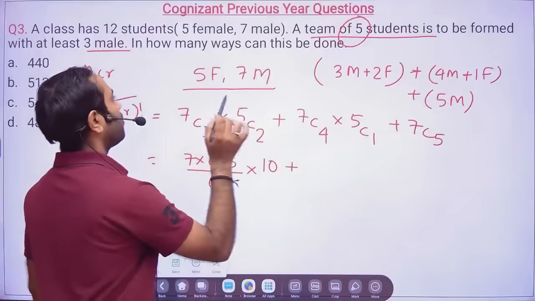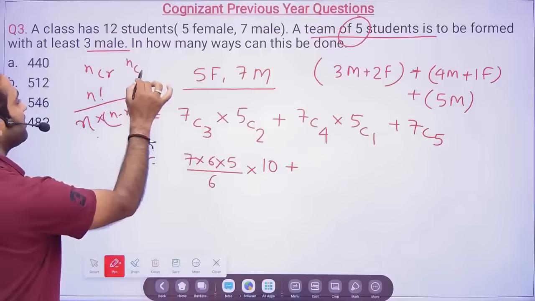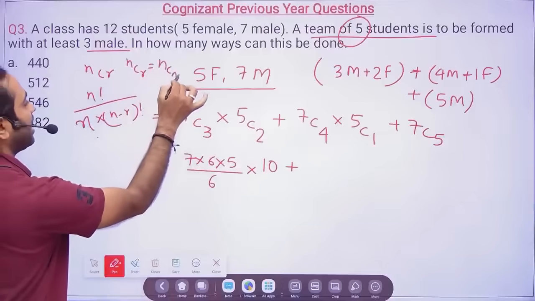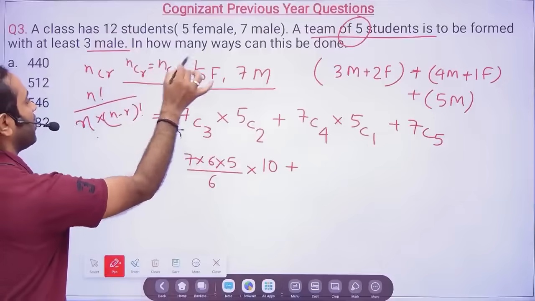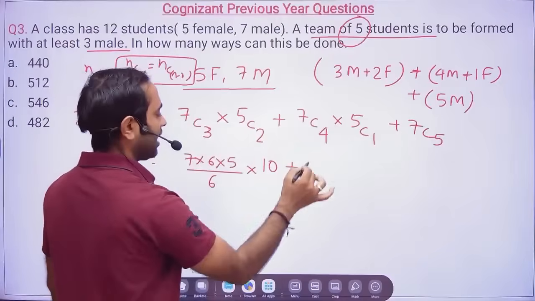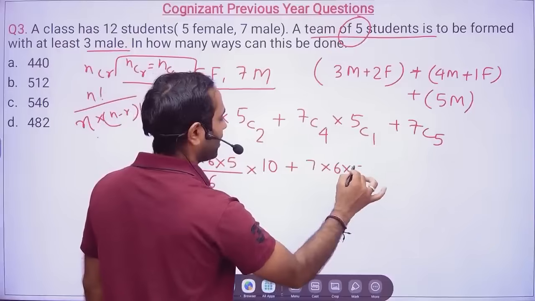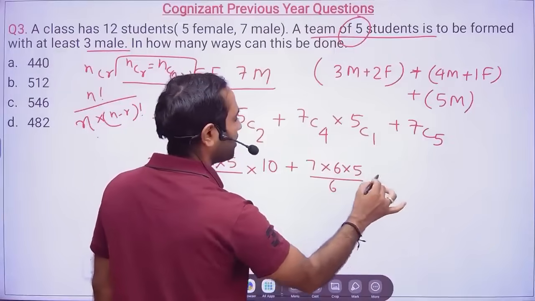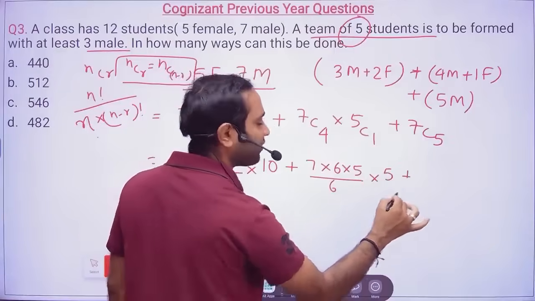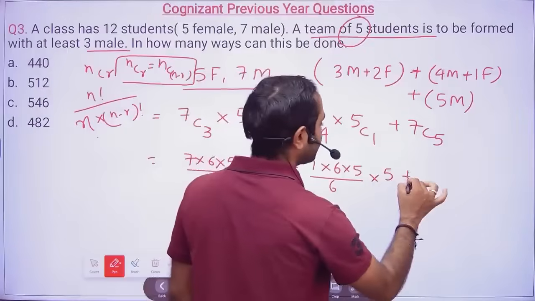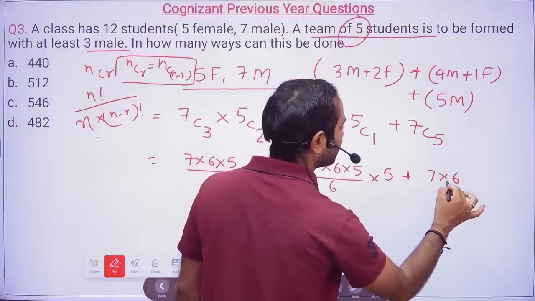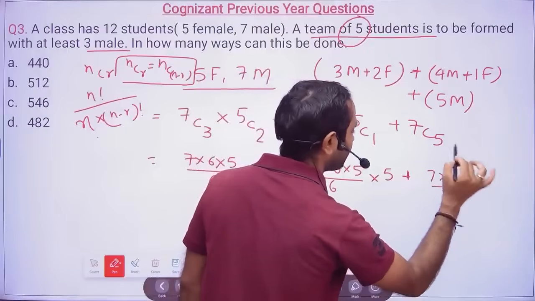7C3. So the concept says nCr and nC(n minus r) will be equal. So 7C3 and 7C4 values will be same only. 5C1 is 5, nC1 will be n, and 7C5, so 7 into 6 divided by 2.